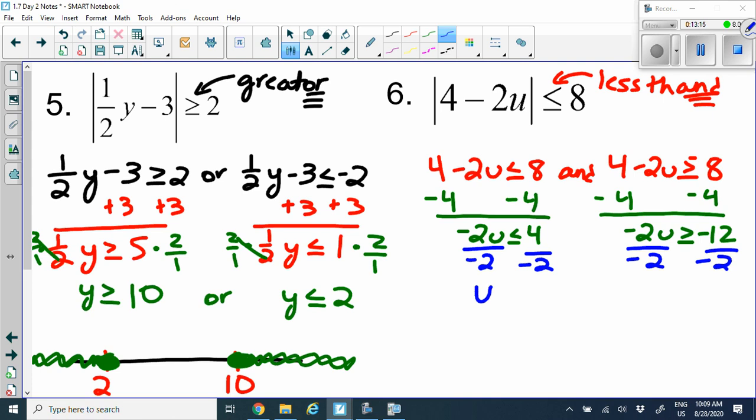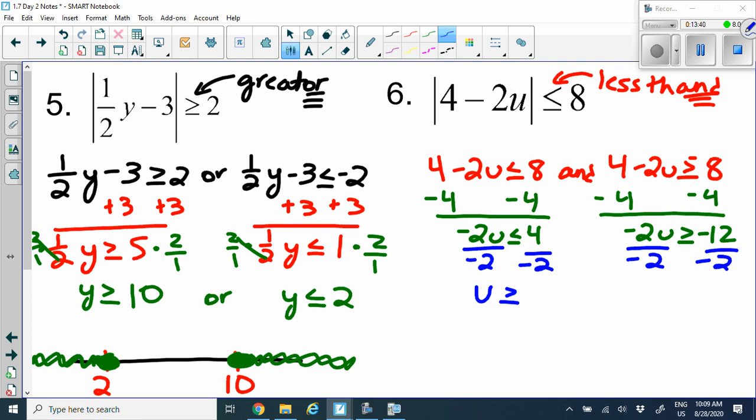Oh, let's figure this out. Hopefully some of you remembered this. Remember when you multiply or divide by a negative number? What do we have to do with that inequality sign? If you said we need to flip it, you are correct. So we have to flip this less than or equal to a greater than or equal to.